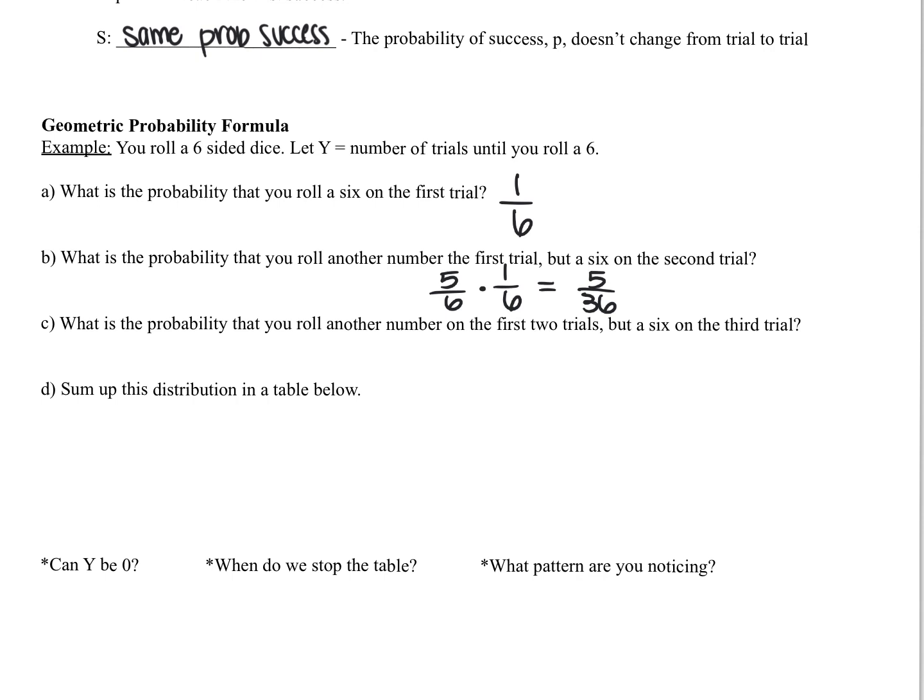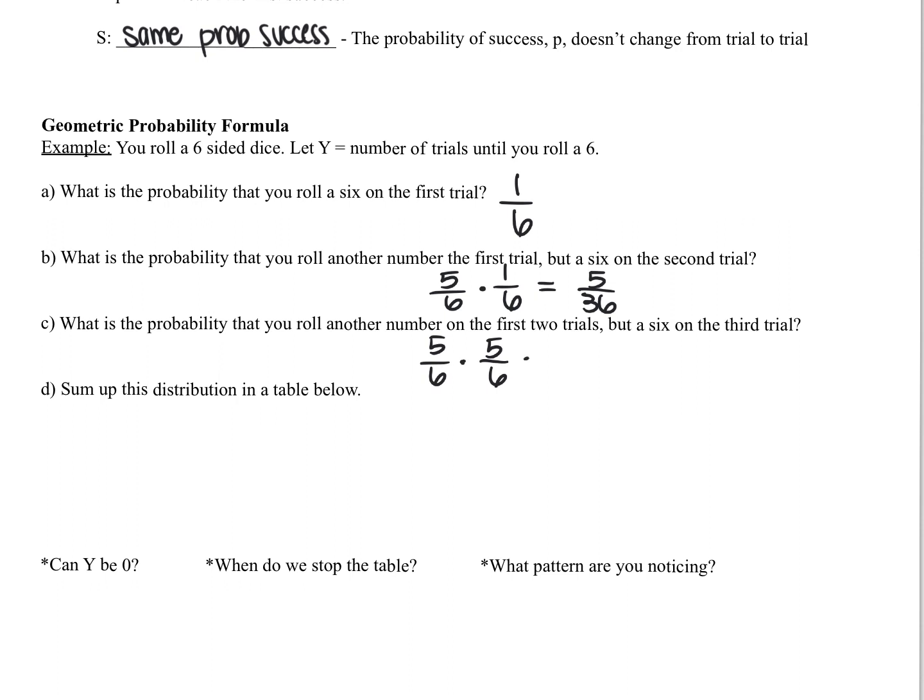Then what's the probability that you roll another number on the first 2 trials, but a 6 on the third trial? So my first roll is 5/6. My second roll is also 5/6. I could technically roll the same number twice on the first 2 trials as long as neither of them are a 6. So I could do a 1 and a 1, a 2 and a 2, or they could be different.